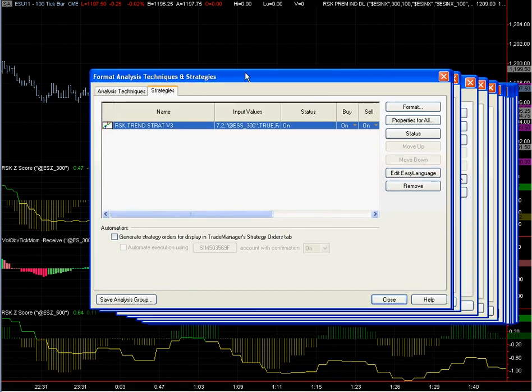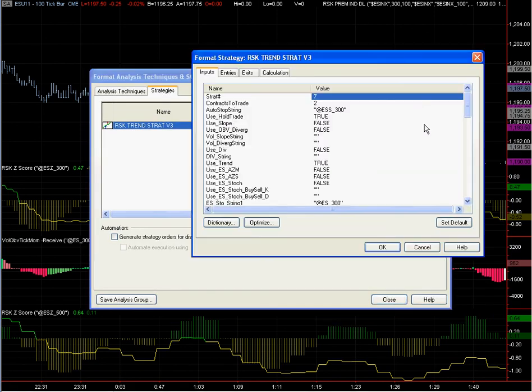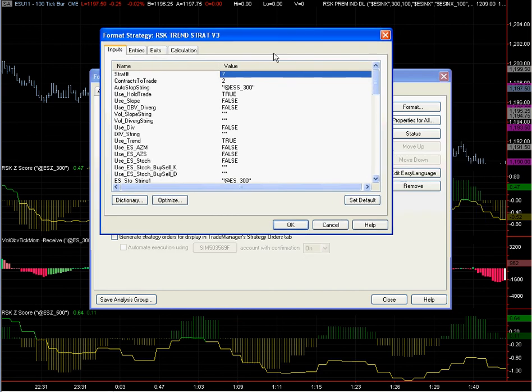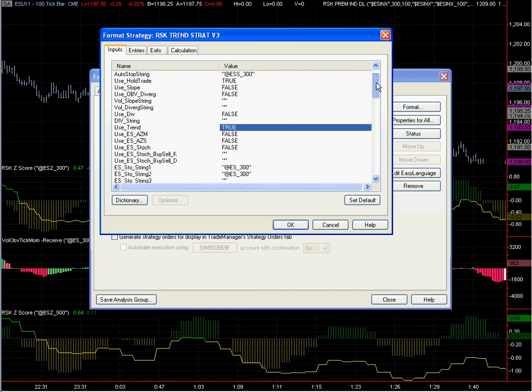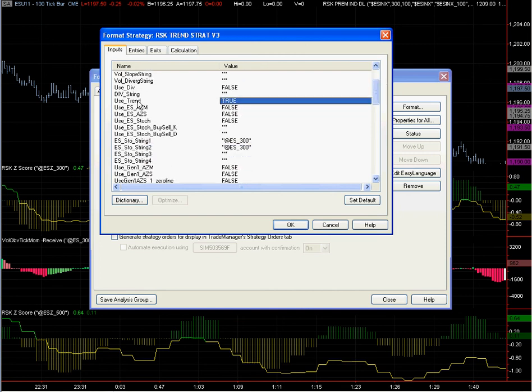But here's how the strategy looks to the user. Here's our auto stop strings. This is our hold trade switch. This is our trade signal switch. In this case, use the 300 tick bar.